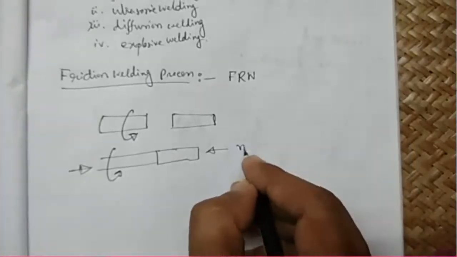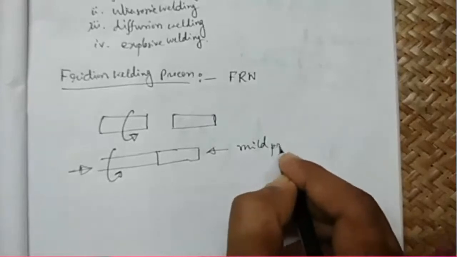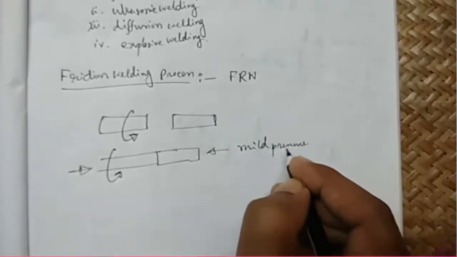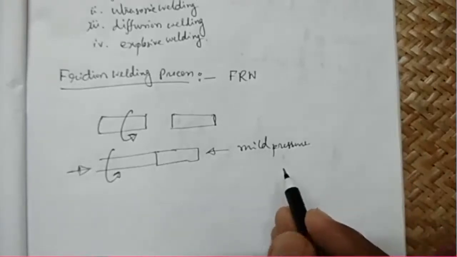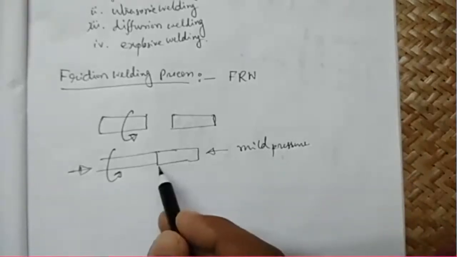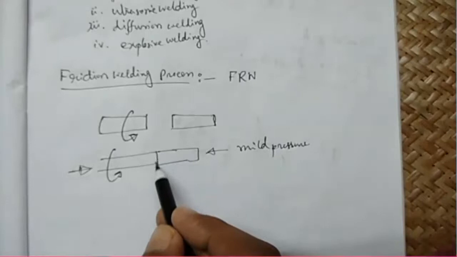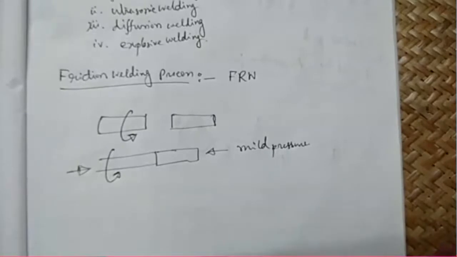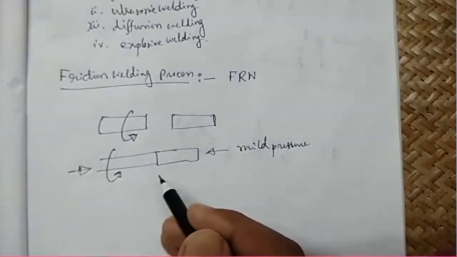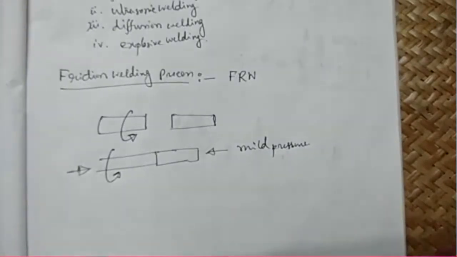So the pressure is mild. Why mild pressure? Because when the pressure is mild, between this contact surface the rust or surface impurities get burnt. That is called the burnishing operation.